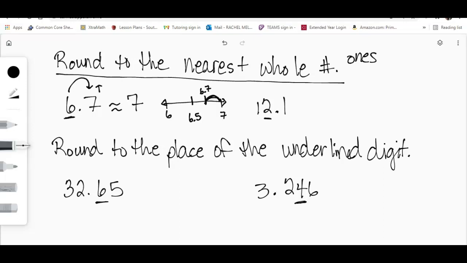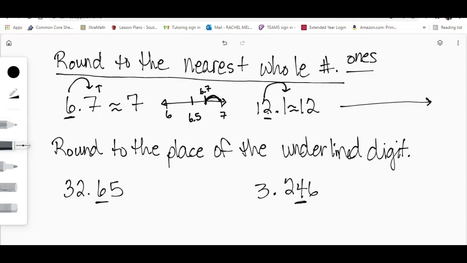So let's do the same over here. So 12 and 1/10, I'm rounding to the whole numbers, which is the ones place. So I look next door. Since this is less than 5, that means the 2 is going to stay the same. So I round this to 12.